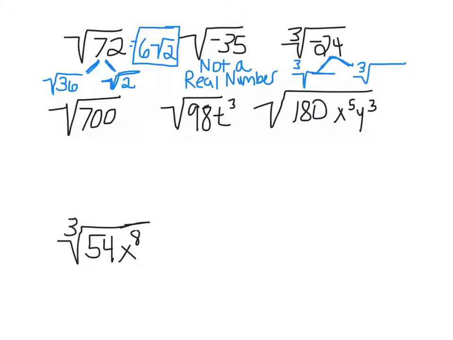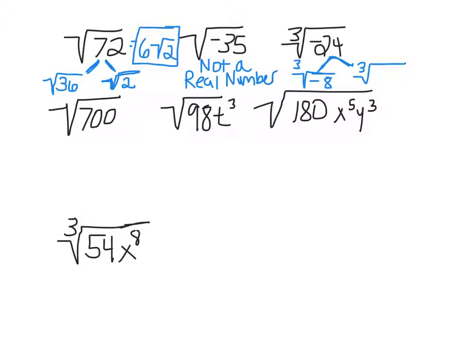Let's see. Well, I know that 8 times 3 is 24, right? And negative 8 happens to be a perfect cube. 8 is 2 cubed. So what I'm going to do is write a negative 8 in my perfect part.